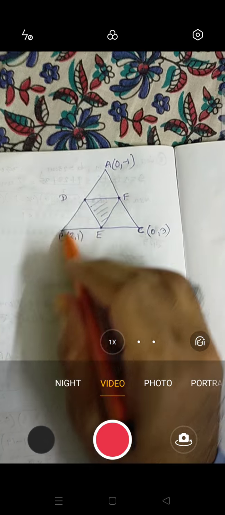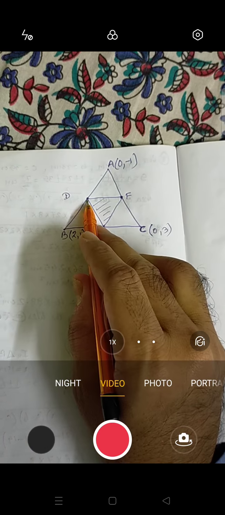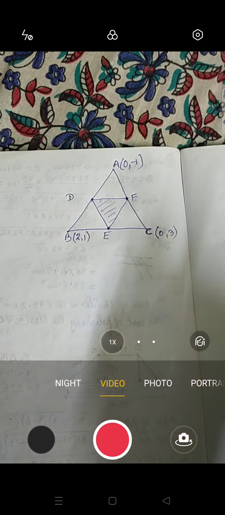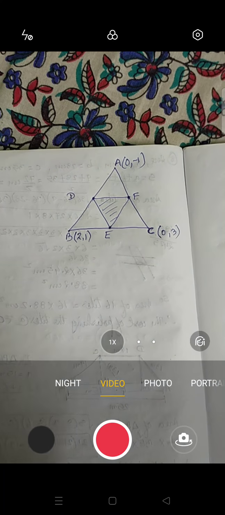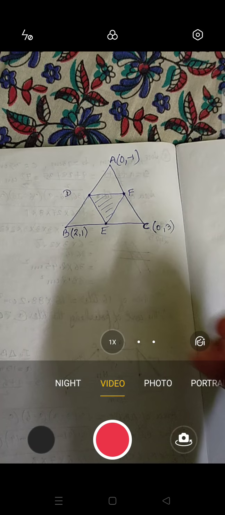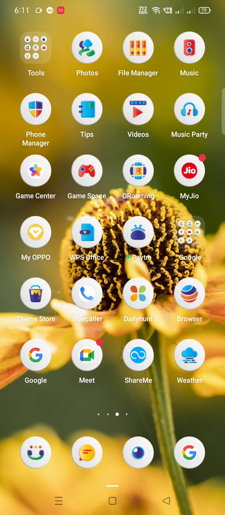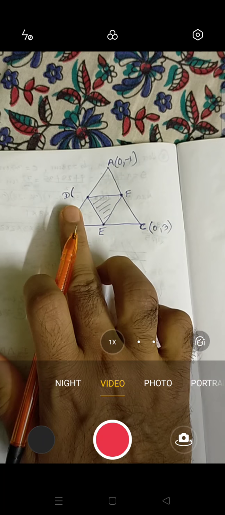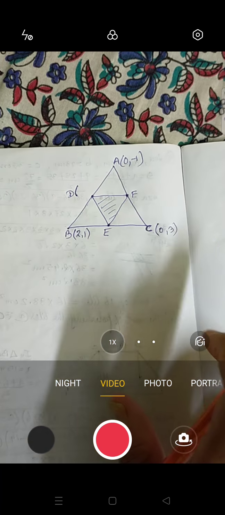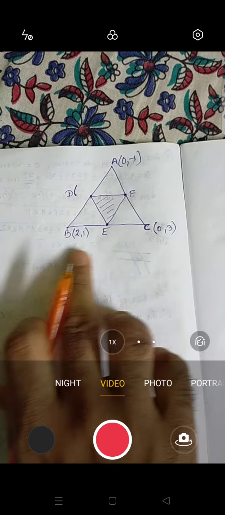Now we know that if this is the midpoint, then we can easily find it. AB is the line segment and D is the midpoint, so we can simply apply the midpoint formula and easily get the coordinates of D. I am writing it directly here, but later on we will find its value.